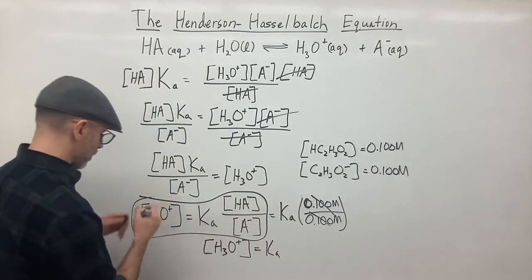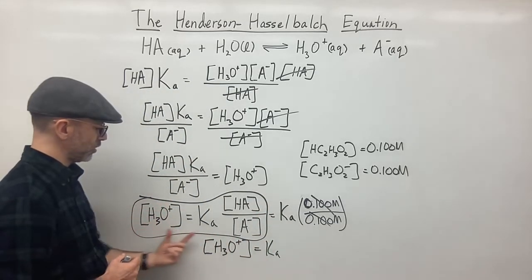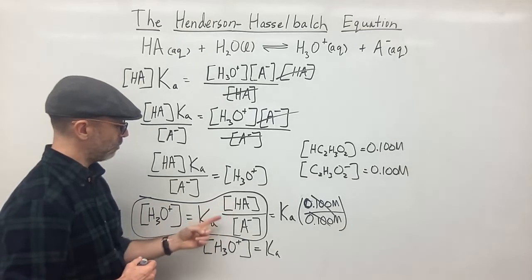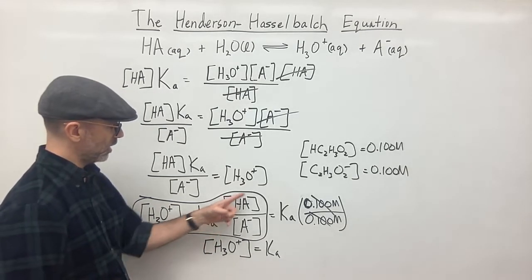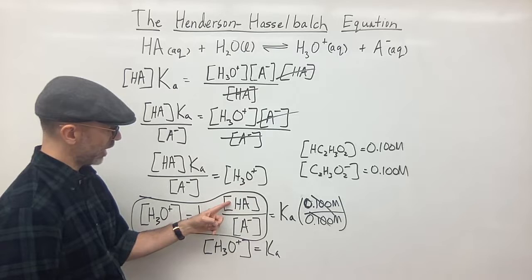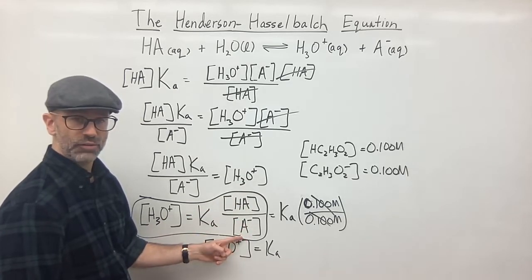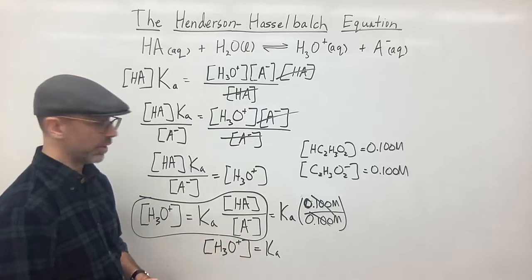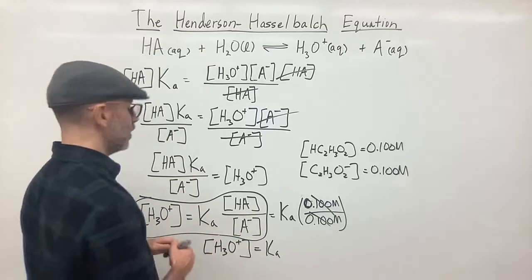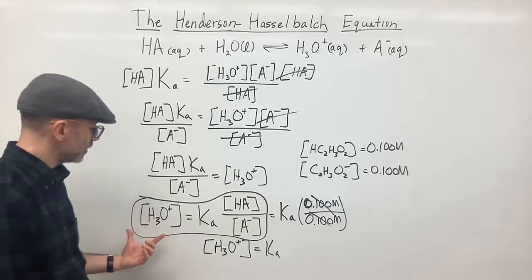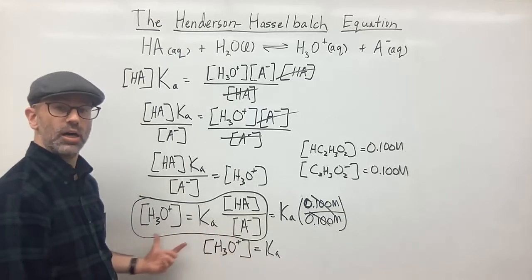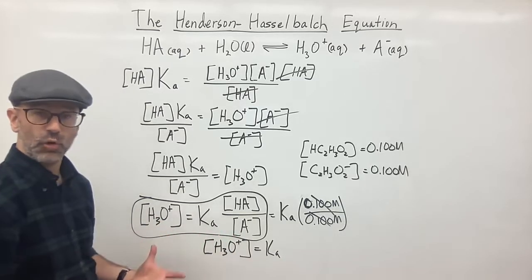So the hydronium ion concentration is equal to the Ka multiplied by your concentration of HA, your acid, over the concentration of your conjugate base. So if we take this, let us now take the negative log of both sides and go from there.